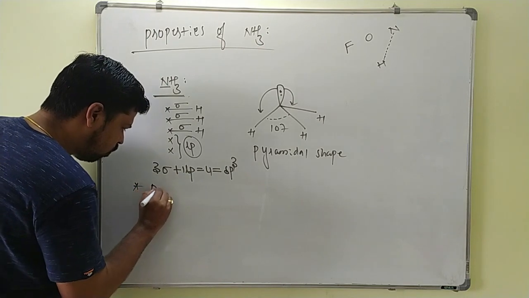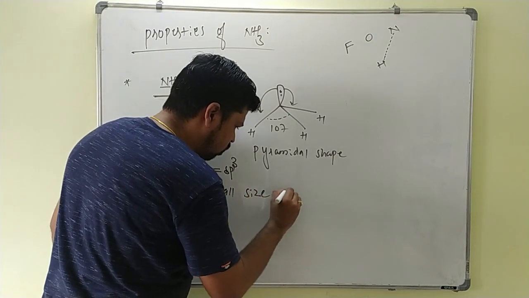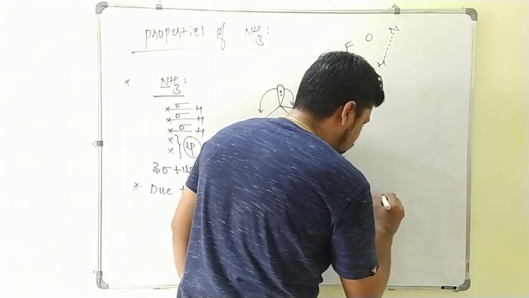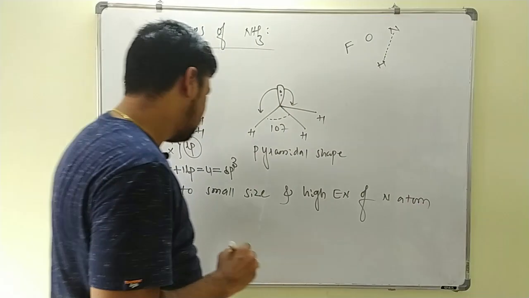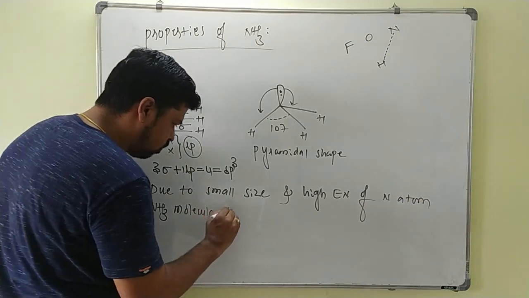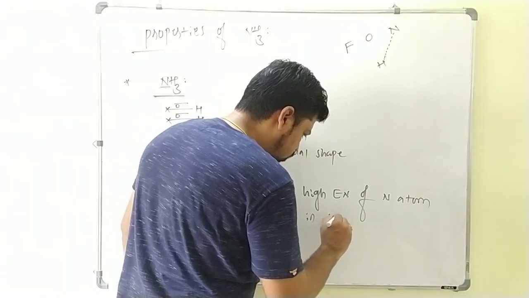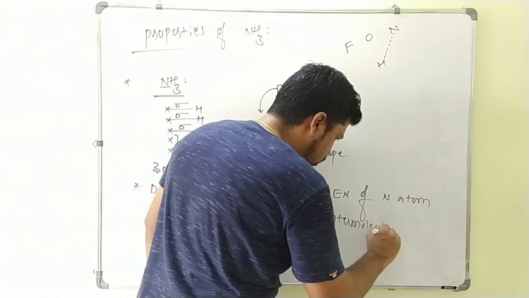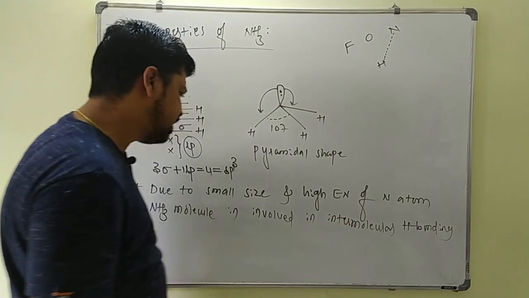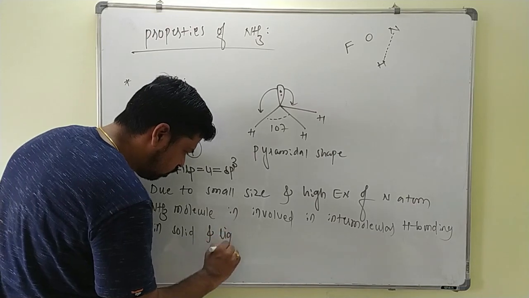Due to small size and high electronegativity of the nitrogen atom, the ammonia molecule is involved in intermolecular hydrogen bonding in the solid and liquid state.